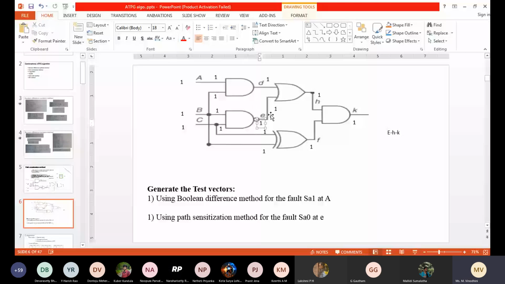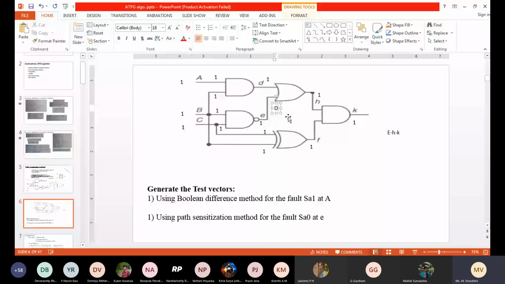So the output of the NAND gate should be 1. As of now, I'm not thinking whether I will get 1 here or not. I'm just assuming that I have activated the fault. After the fault, what is the value entering this OR gate? D, because I activated with 1 and the fault is stuck at 0. Now activation is completed.